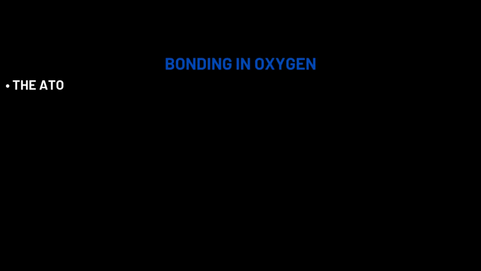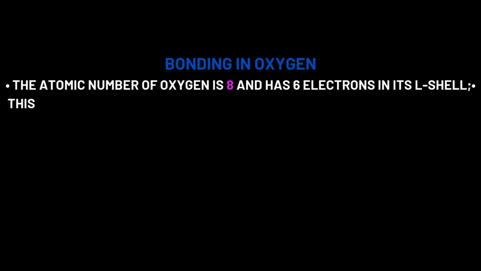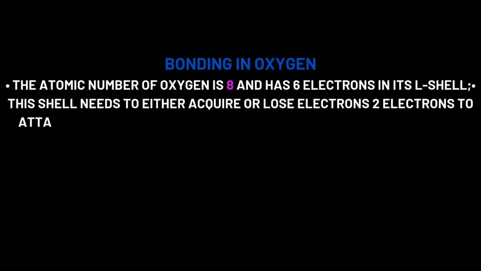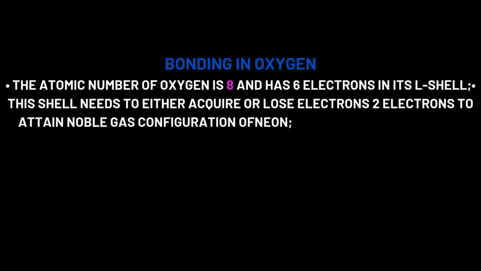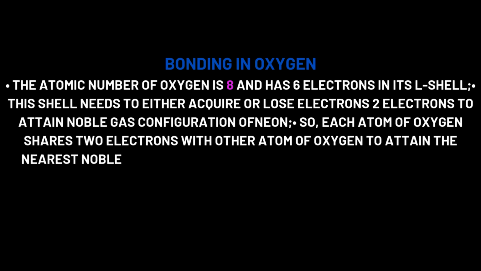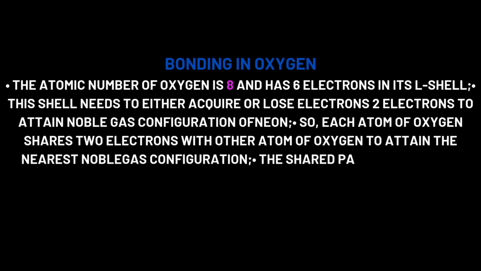Bonding in oxygen. The atomic number of oxygen is 8 and it has 6 electrons in its L shell. This shell needs to either acquire or lose electrons to attain the noble gas configuration of neon.